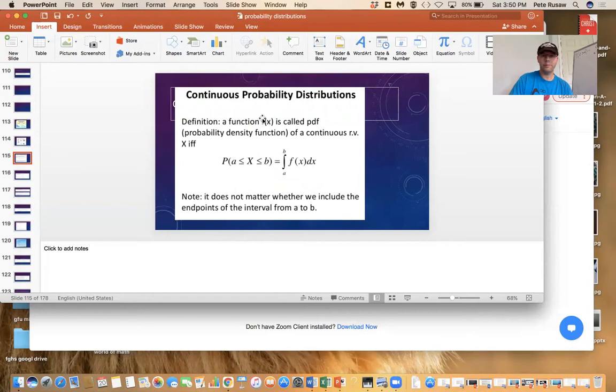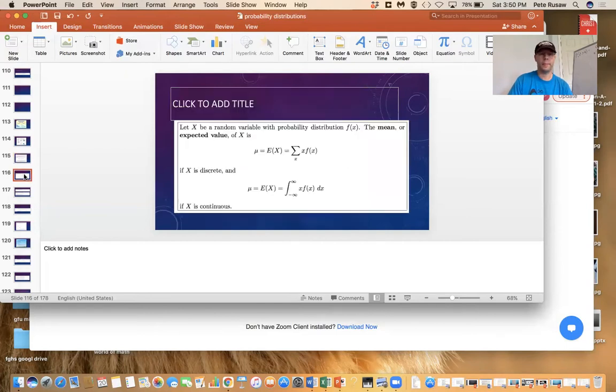This is just a slide from last time whereby you see that if you want probabilities, you just take the area from A to B, and that's the probability that X, the measurement, will be between A and B. Also remember from the last video, if we want the mean or expected value of our continuous probability distributions, we just take the integral on whatever the domain for the probability density function is. It doesn't always go from -infinity to infinity; it can be defined as something else.